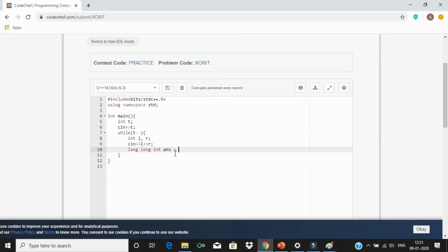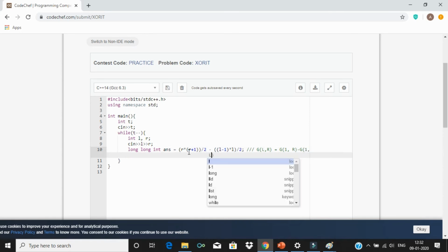So that means first of all we will do r times r plus 1 divided by 2 plus 2 minus what it will be for L minus 1 times L. This is because we know that g of L comma r is equal to nothing but g of 1 comma r minus g of 1 comma L, right?